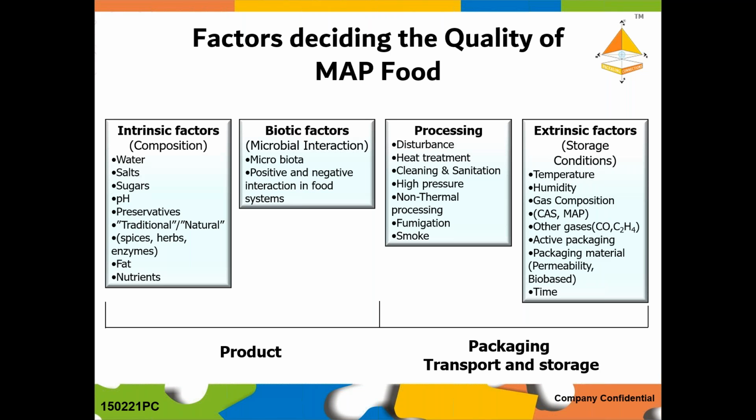I don't have to read all this, but you can see the internal factors are basically composition; biotic factors, microbiota, positive and negative interaction in the food systems; processing conditions, which are under our control, so we can do better process control. External factors: storage conditions, temperature, humidity, MAP, etc. We can work on it.